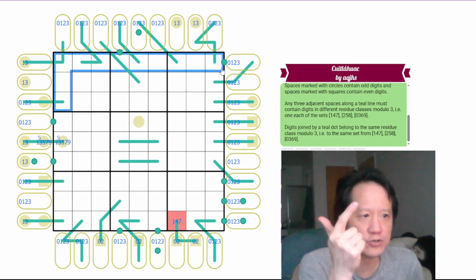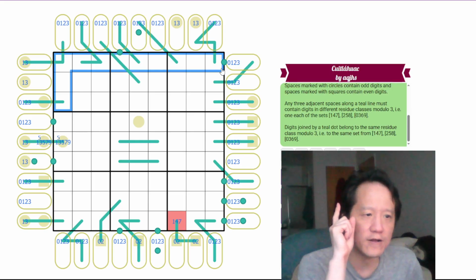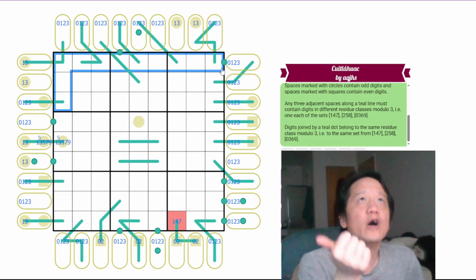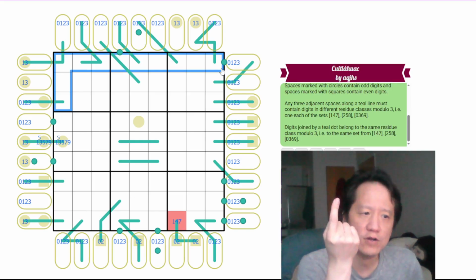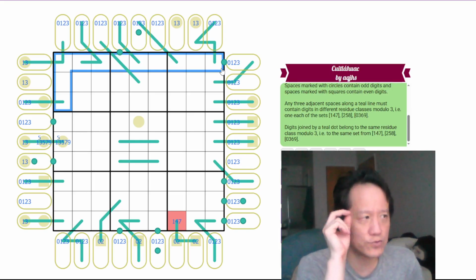So 01, 02, 03, and 04 all start with 1. 05 through 08 start with 2. 09 through 12 start with 3, etc., right?